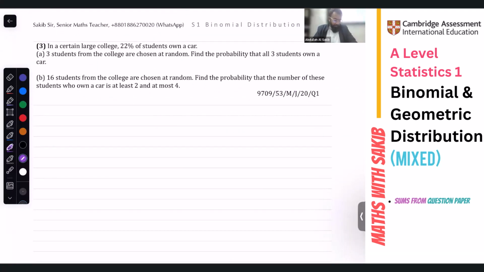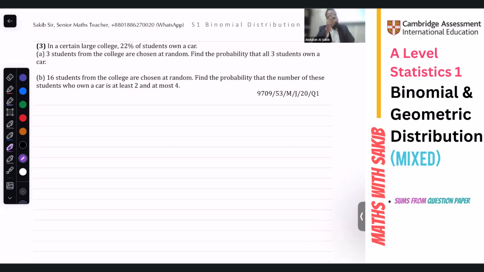Question number 3. In a certain large college, 22% of the students own a car. 3 students from the college are chosen at random. So, what type of math is it? Binomial. Clear? Because owning a car is 22%, not owning a car will be 1 minus 22%. Now 3 of the students are chosen.